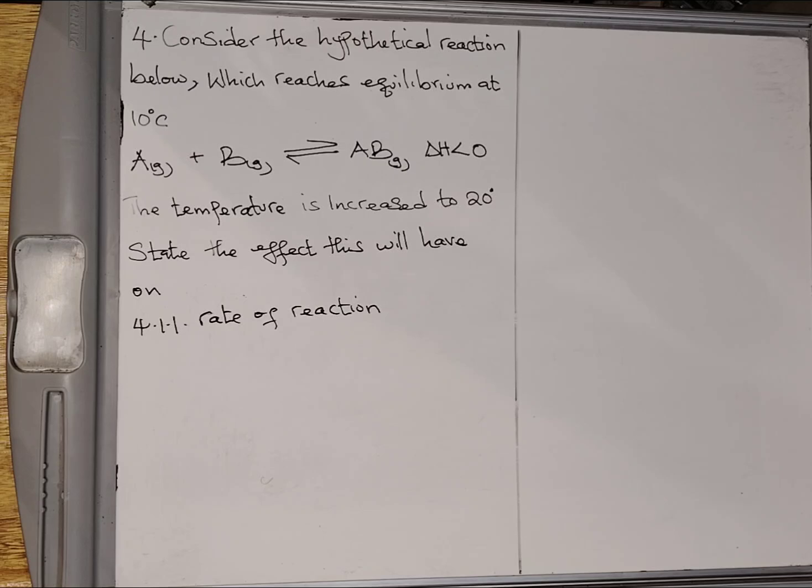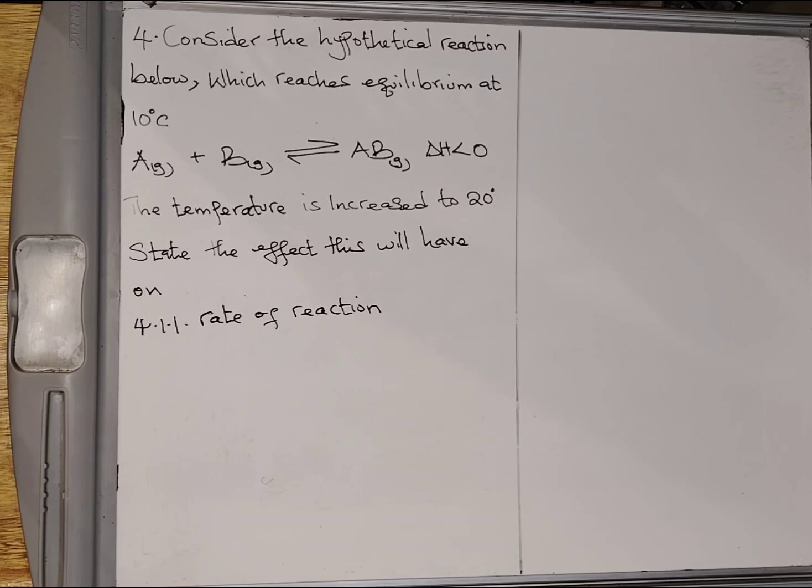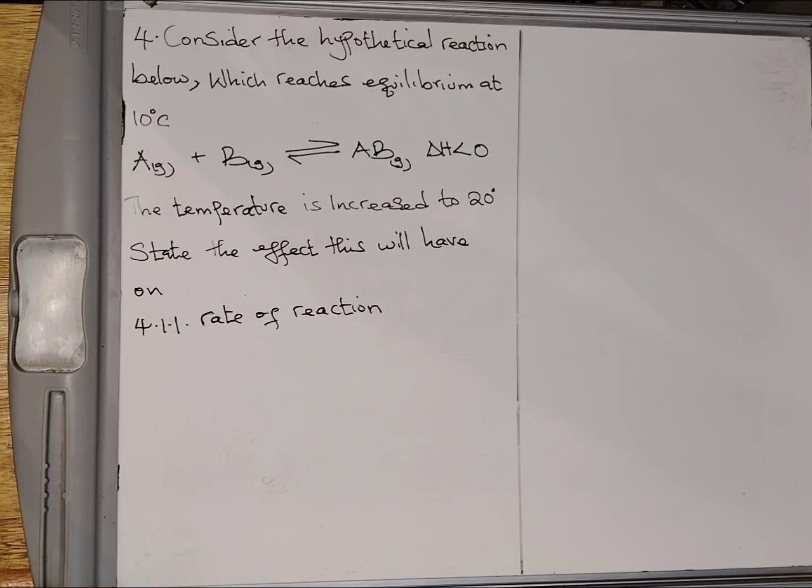Now, we are having this question on equilibrium, and let us analyze it and see how far we can go with it. It says, consider the hypothetical reaction below, which reaches equilibrium at 10 degrees.